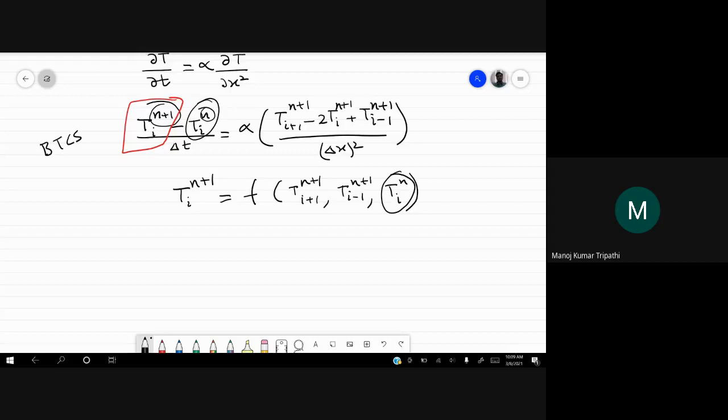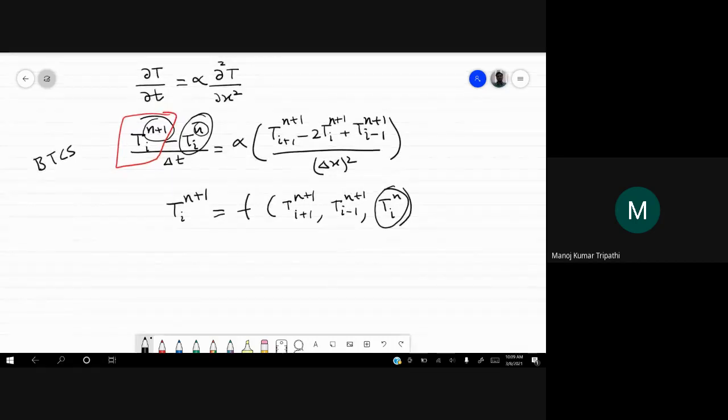Tn will be known because you know the initial conditions. So you know Ti0, let's say, then you can calculate Ti1, right? 0 plus 1, that becomes 1. When Ti1 is known, then you can calculate Ti2 from that.